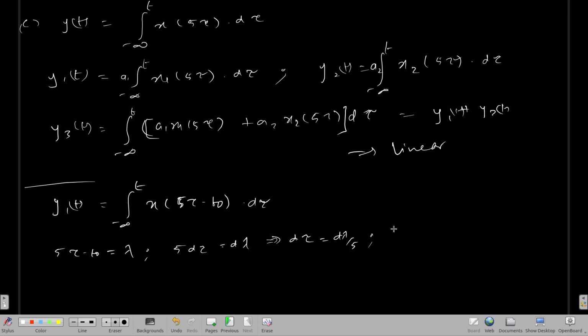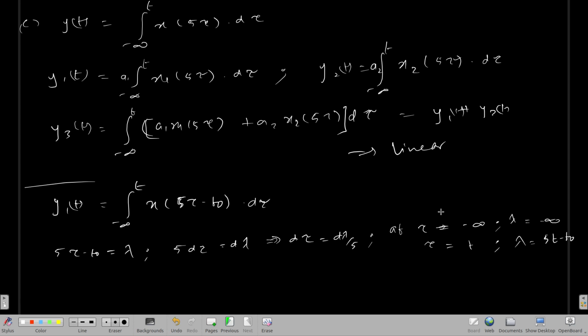As tau tends to minus infinity, how does lambda tend? Lambda also tends to minus infinity. And as tau tends to t, what does lambda do? Lambda is equal to phi t minus t0.